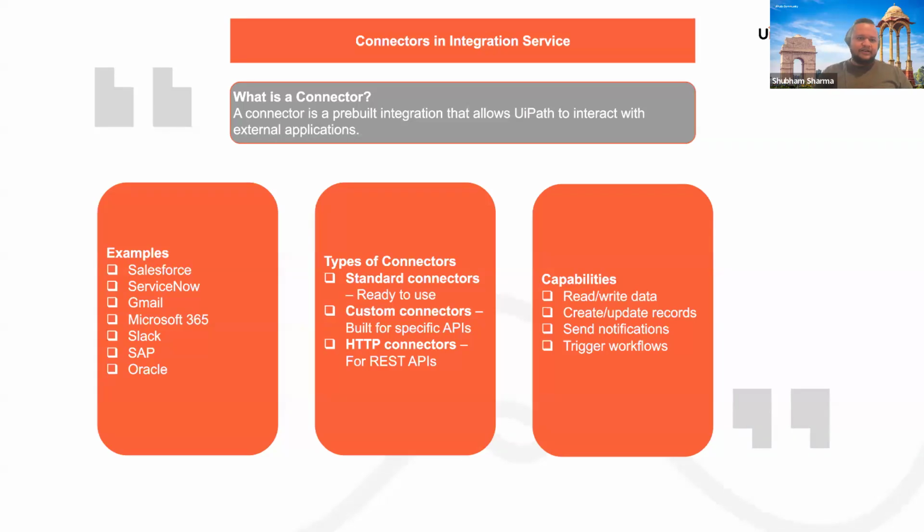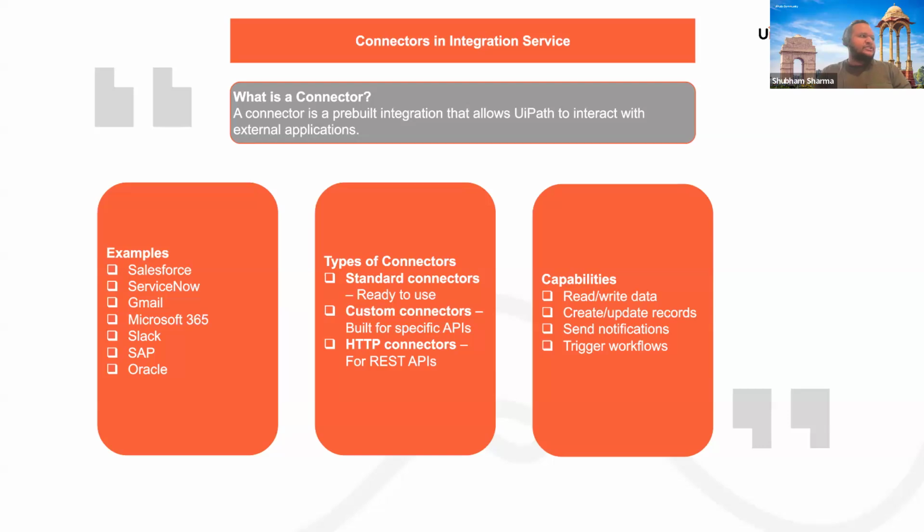Umesh would be covering that in more depth as the session moves ahead. Then the connection between that third-party application and UiPath is called a connection. And if we want to trigger that connection on some event, like a new mail arriving, that is a trigger. Let's quickly take each topic one by one.